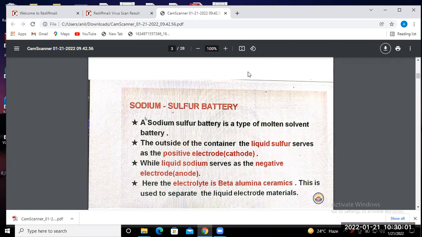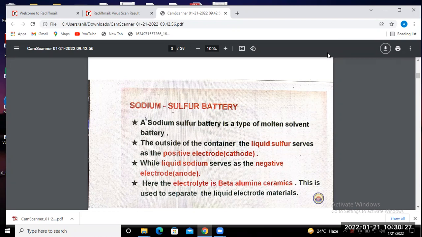Okay. So here the electrolyte is beta alumina ceramic. This is used to separate the liquid electrode materials. That means the two plates are separated by the beta alumina ceramic.